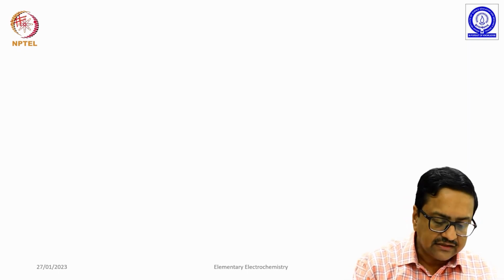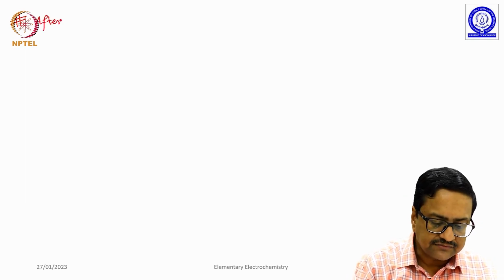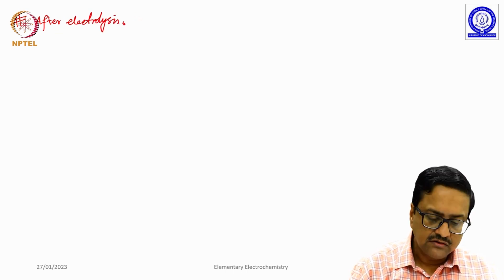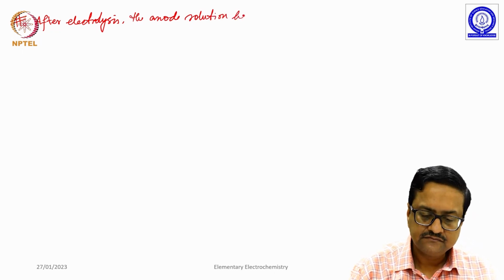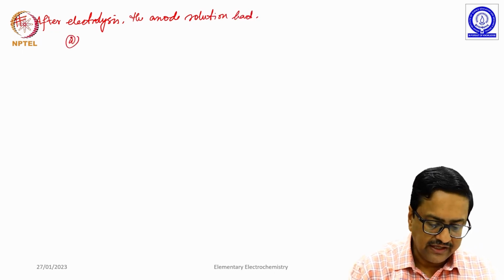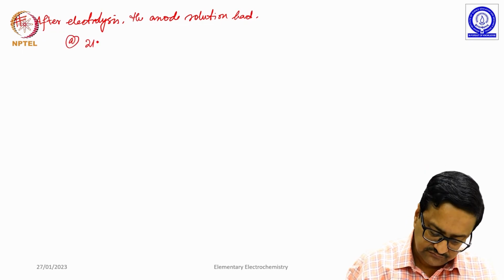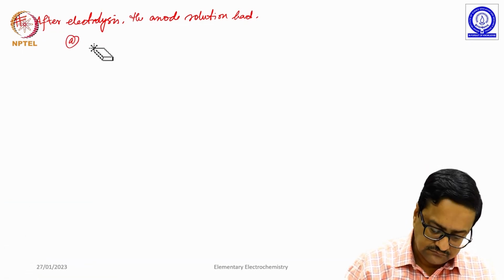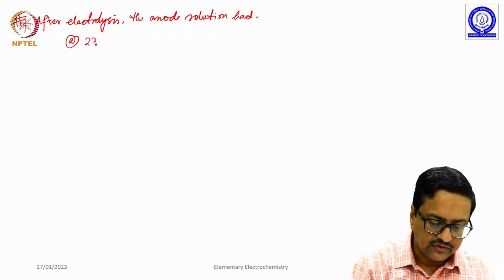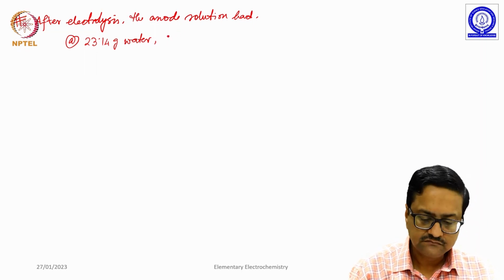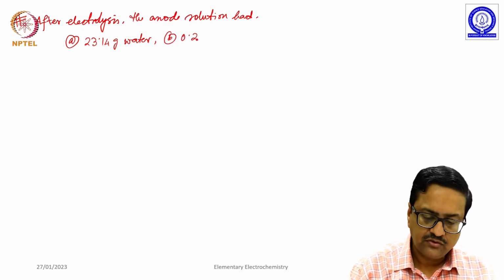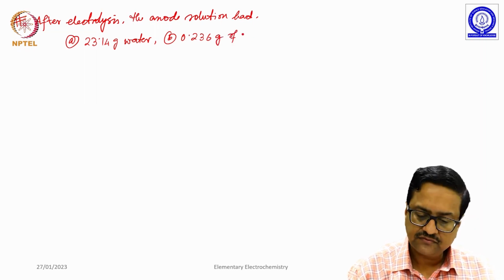In the problem we said that after electrolysis, the anode solution had 23.14 gram water and 0.236 gram of AgNO3.